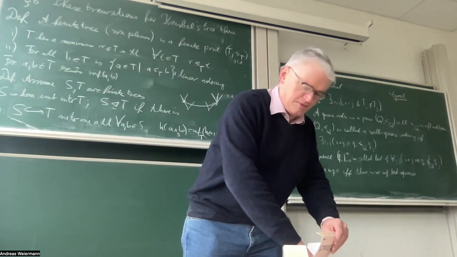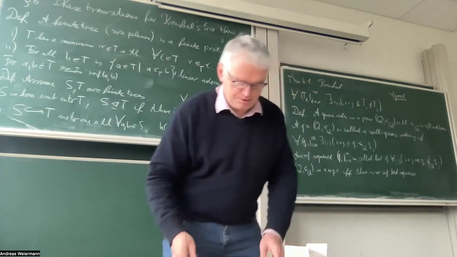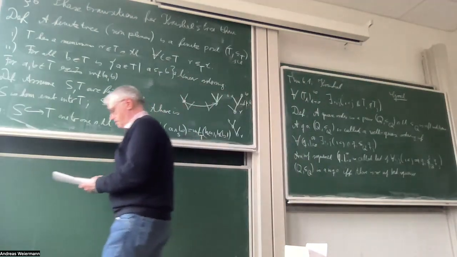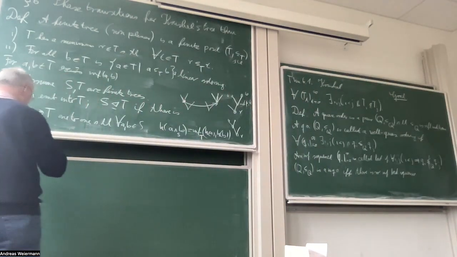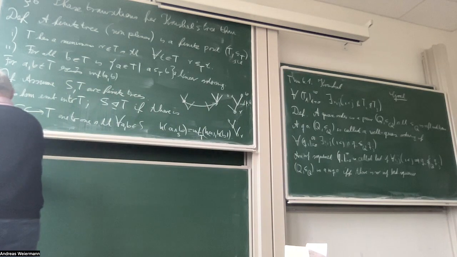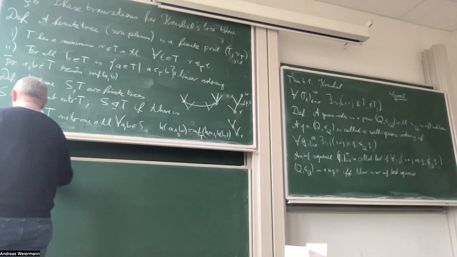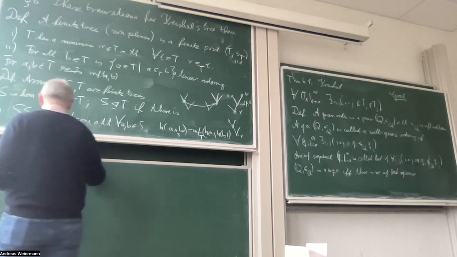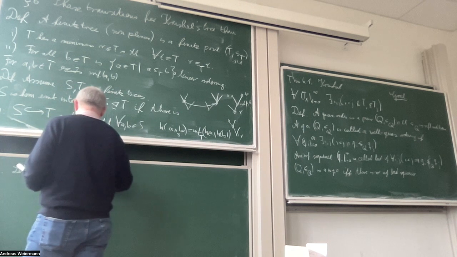But we start already with a difficult example, namely, we go to finite sequences. Let Q be a quasi order.